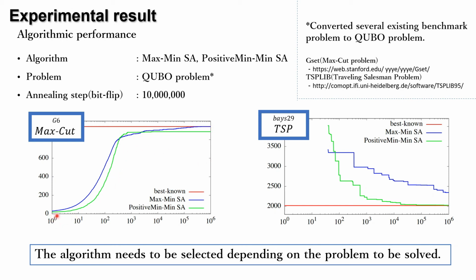On the other hand, the improvement of the solution of the positive min-SA algorithm stops at an early stage. In contrast, the right figure shows that the positive min-SA algorithm found almost the optimal solution for the TSP by gradually improving the solution. These results suggest that the algorithm needs to be selected depending on the problem to be solved.